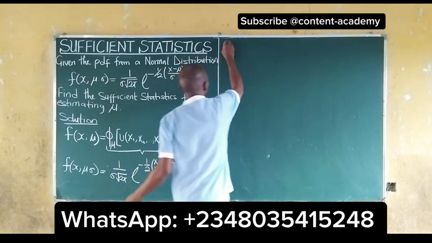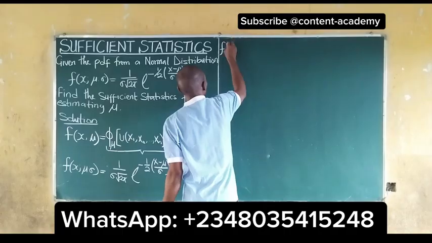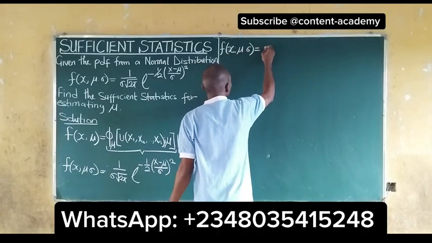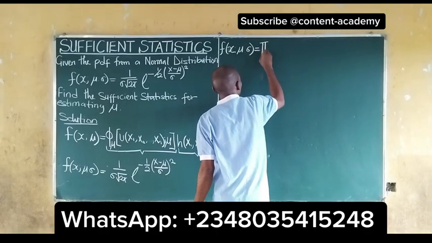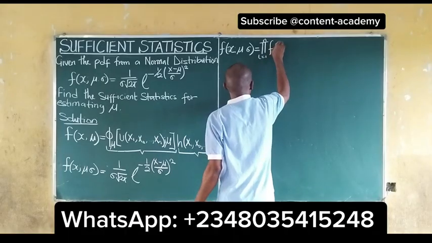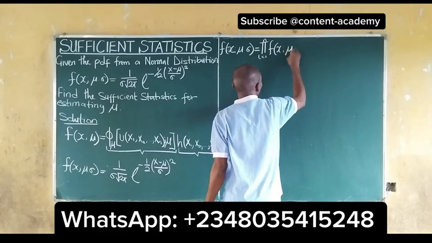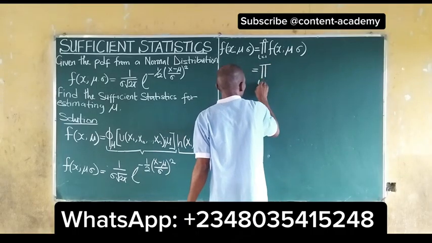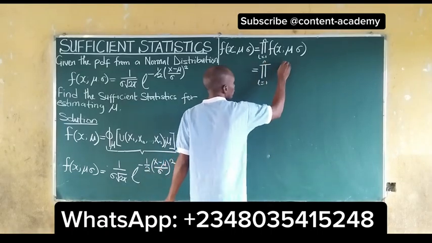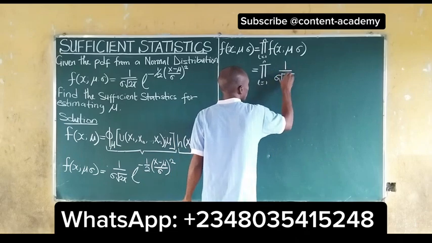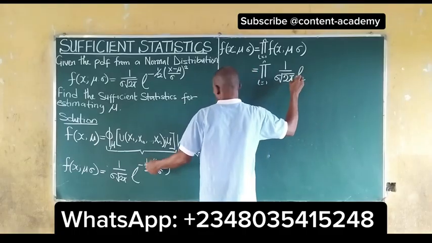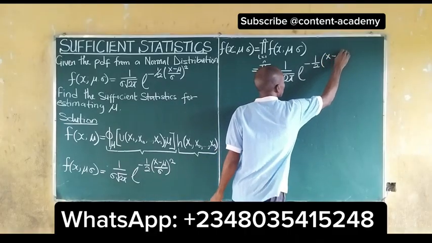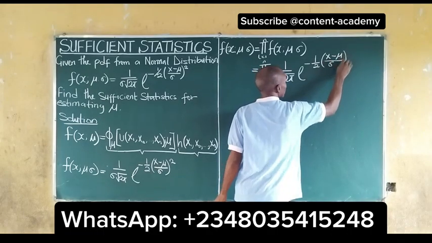Taking the likelihood function, it means we have f of x, the mean and sigma, to be equal to, this likelihood function means the product of the same function, which is equal to the product of the given function, which is 1 all over sigma square root of 2 pi, exponential negative 1 all over 2 into (x minus mu all over sigma) all squared.